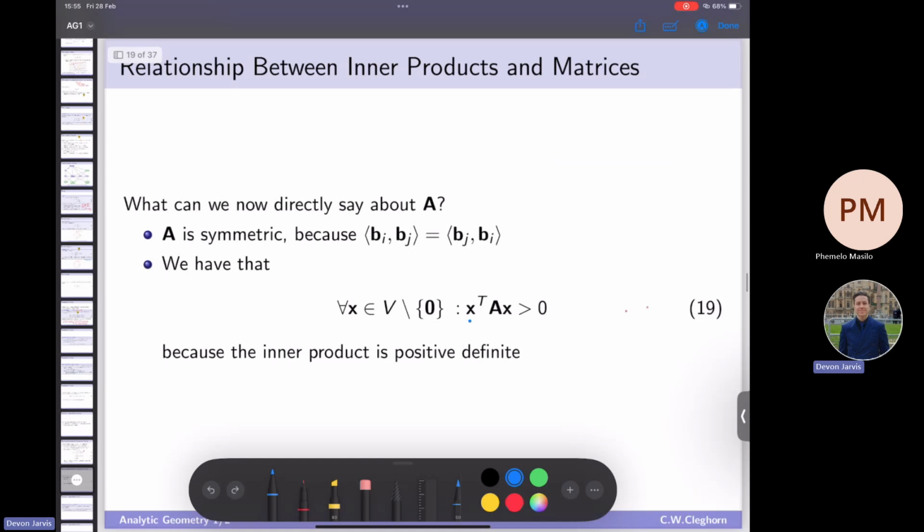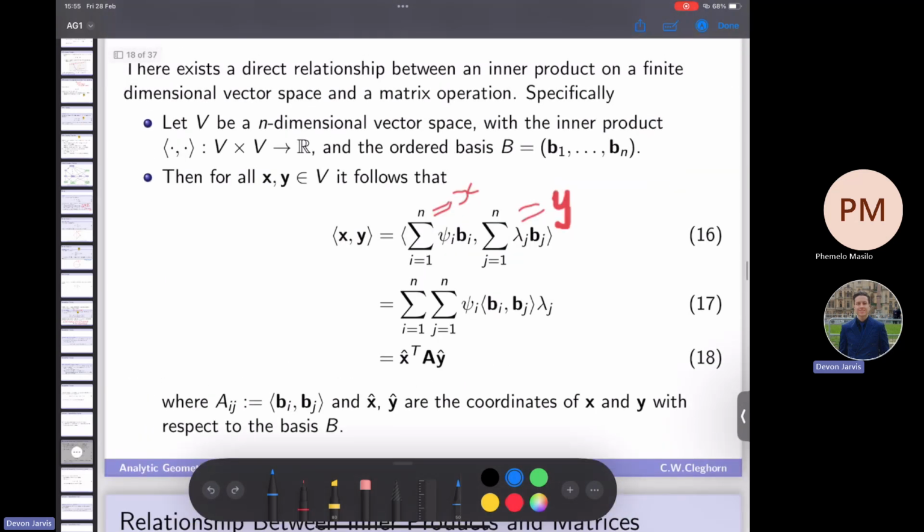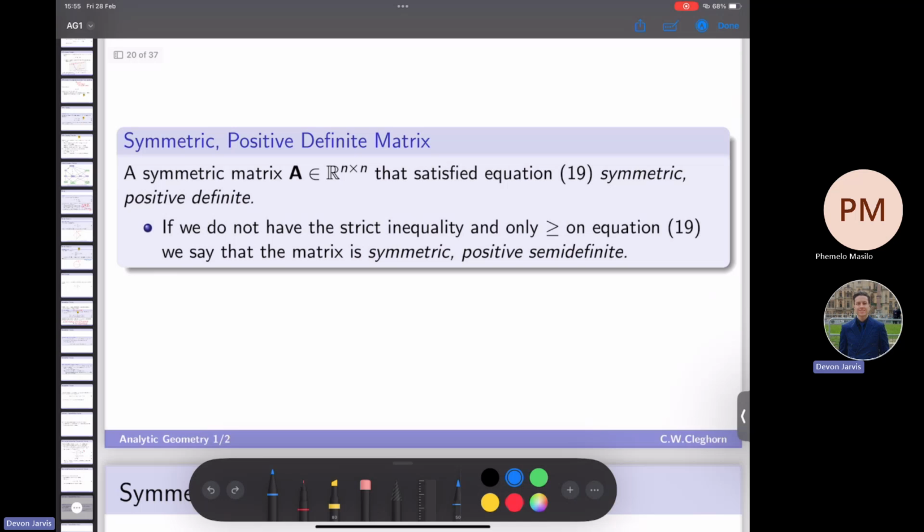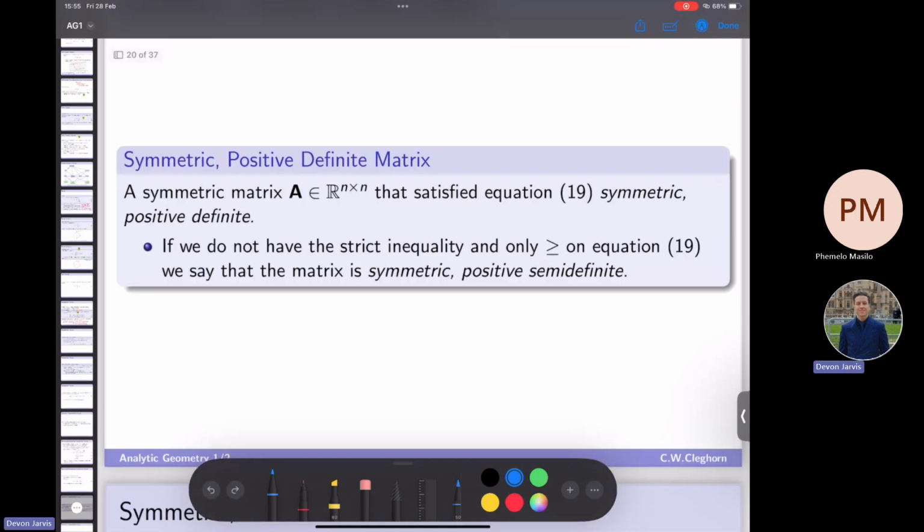Okay, you're going to get some 0 elements in A, such that when I apply that mapping there, you don't occupy the full ambient space. So now you can get a 0 vector. You can end up mapping that original x coordinate onto a 0, and then you end up with 0 times A times 0. Okay, so if the inequality is not strict and you can say greater than or equal, then it's positive semi-definite.